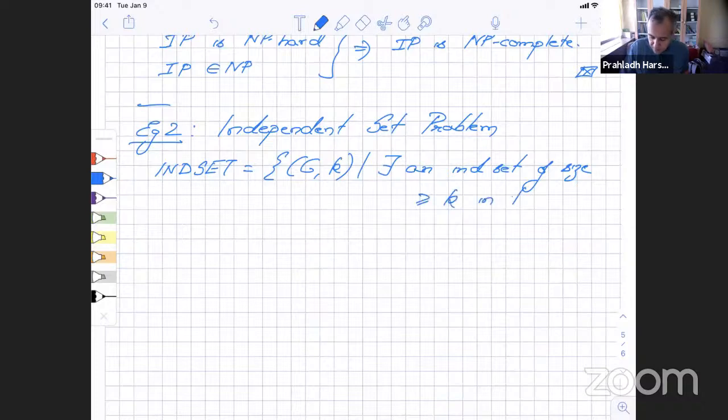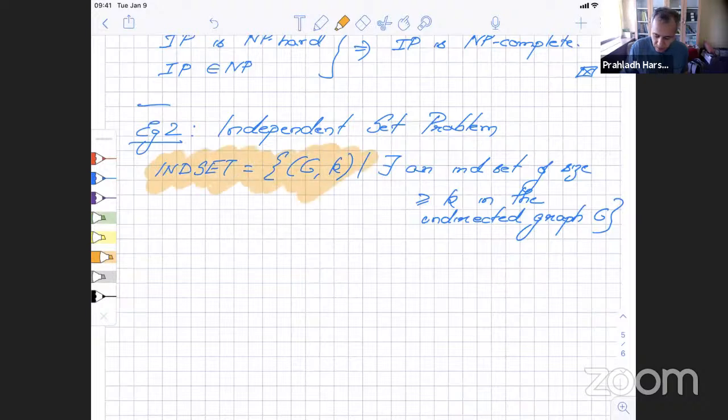The undirected graph. So clearly ind set is in NP. That's something which we know.